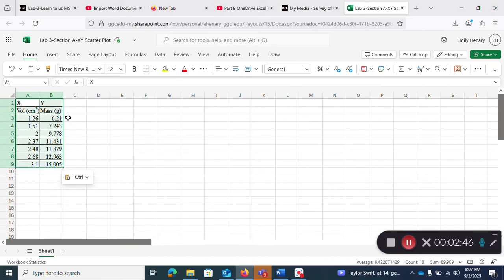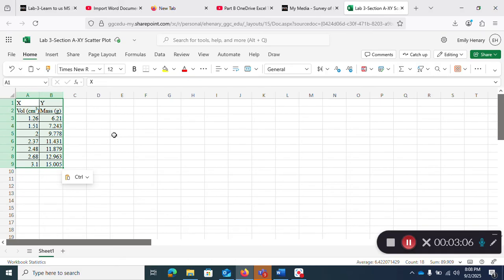Here you go. You will notice that column A represents the x-axis or the horizontal axis, which here is represented by the volume in centimeter cubed, and the y-axis or the vertical axis is represented by the mass in grams.